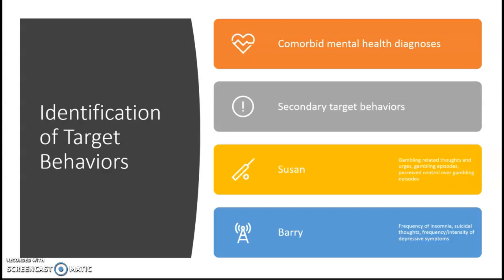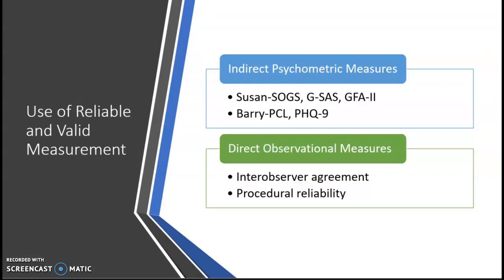This is another suggestion that they make to bridge the gap between those questionnaires and those direct observations that the two respective practices or disciplines tend to utilize. And then they emphasize that these all should be combined with client input in order to individualize target behaviors. You see some possible ranges of target behaviors for Susan in regards to gambling behaviors, and for Barry in regards to PTSD or depression symptoms.